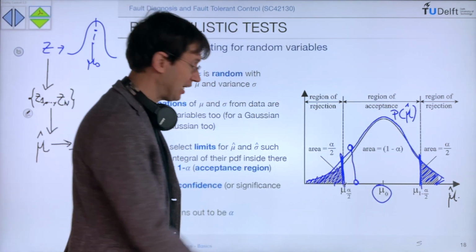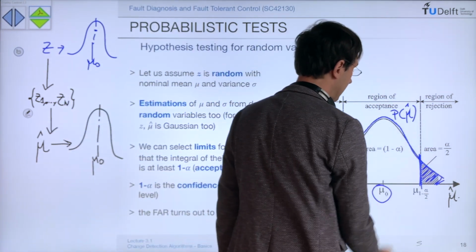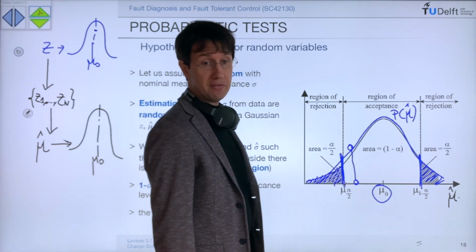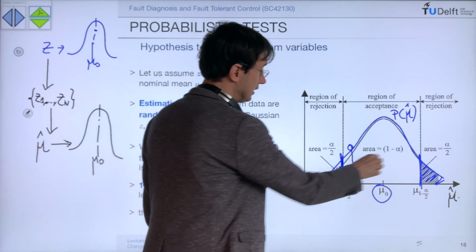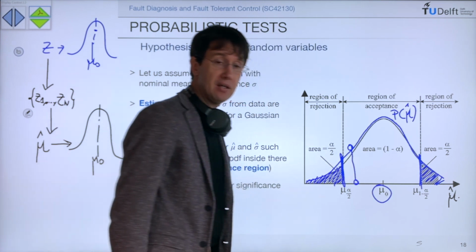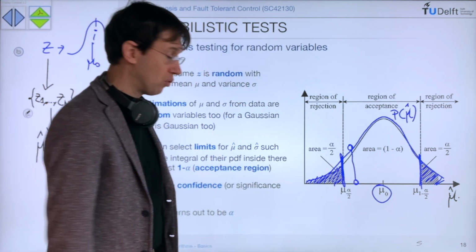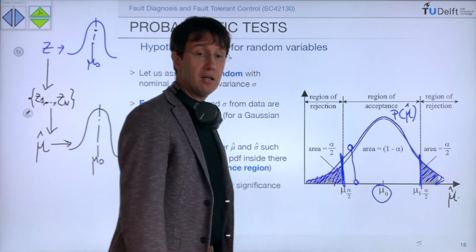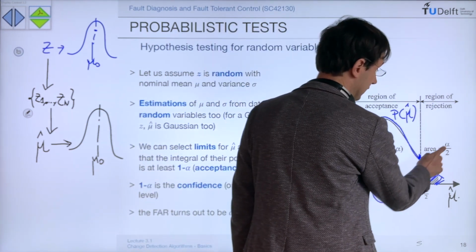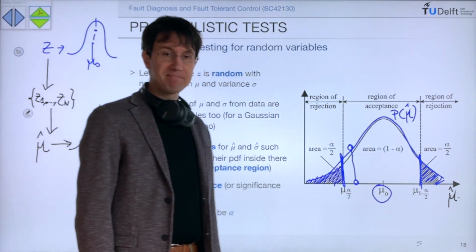So if we sum these together, I get alpha. So the area of this and the area of this is alpha, which means the probability of mu hat occurring here or here is equal to alpha.